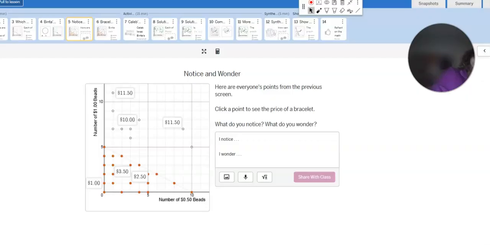Maybe you notice that all the bracelets below that line are less than $5, right? Maybe you notice that all the bracelets on the line are exactly $5, and any of the ones above the line are more than $5.